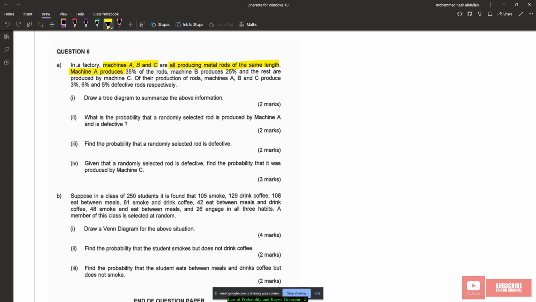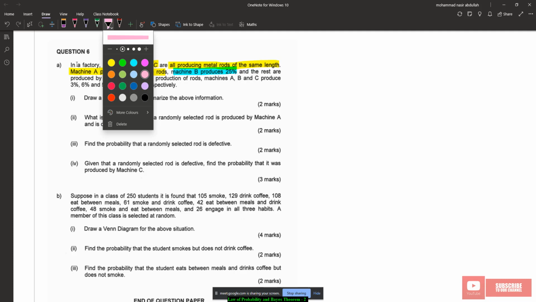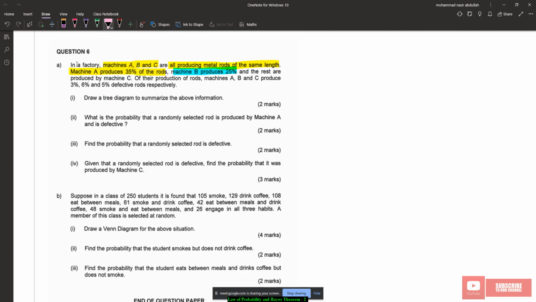Machine A produced 35% of the rods. Machine B produced 25% of the rods, and the rest are produced by machine C. Right? Remember, in probability, the total of all probabilities should always equal 1. This is what you need to remember.